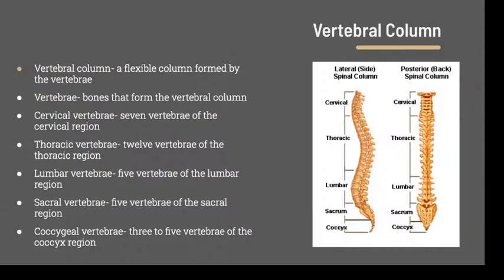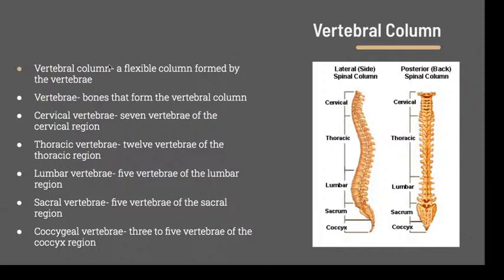A series of 3 to 5 fused coccygeal vertebrae form the tail end of the vertebral column. The number of vertebrae present in a region can vary from one individual to the next. However, the number of cervical vertebrae rarely varies.